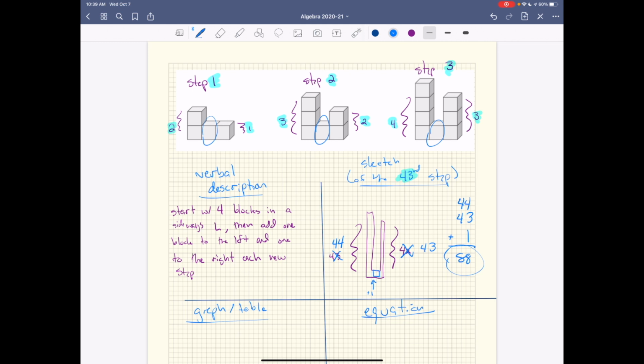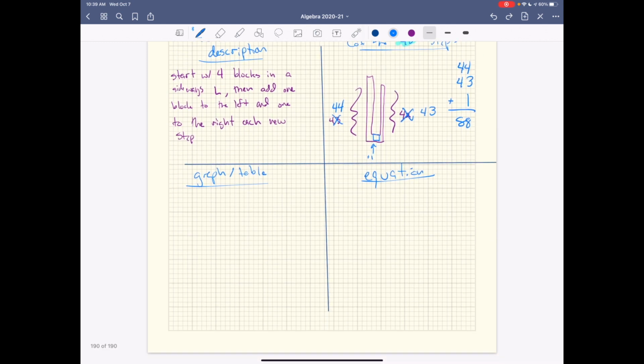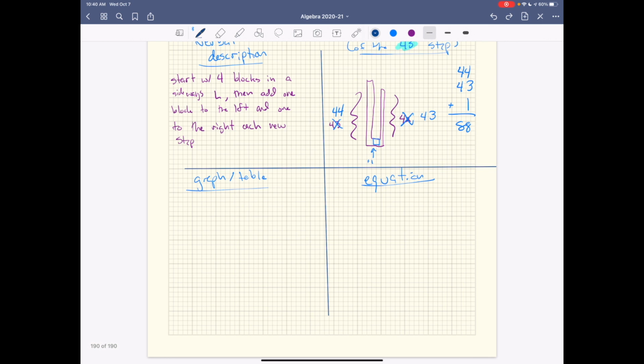Brooks? I think I have the equation. Think you have the equation? We'll come back to the equation in a second. All right, graph or table. If we do step number n, so step n and then number of blocks, usually b in terms of n.